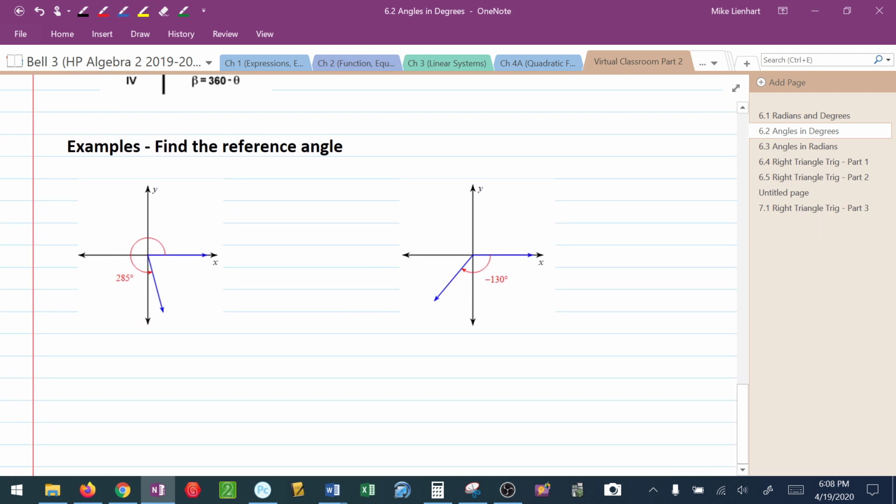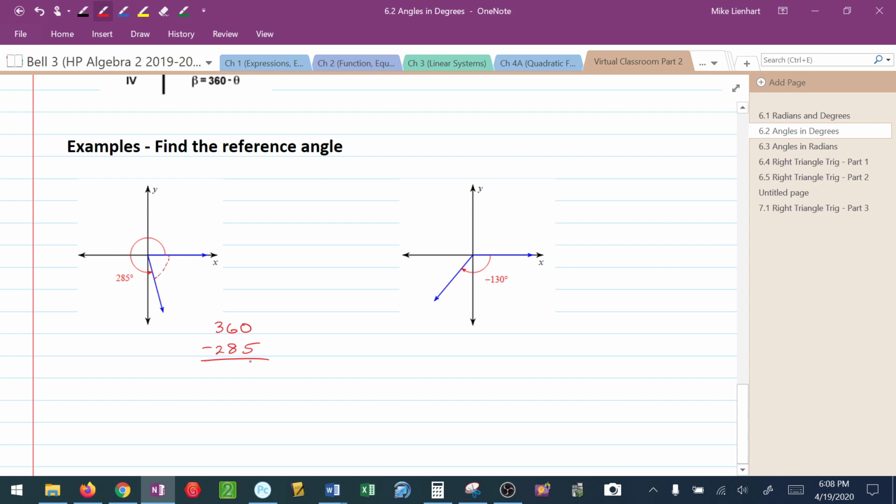So let's take a look at this first example. All right. Here's what I know to be true. I need to find a reference angle for this piece right here. Okay. Now, because this is in the 4th quadrant, I'm going to take 360, which is on that positive x-axis, and take off of that 285.